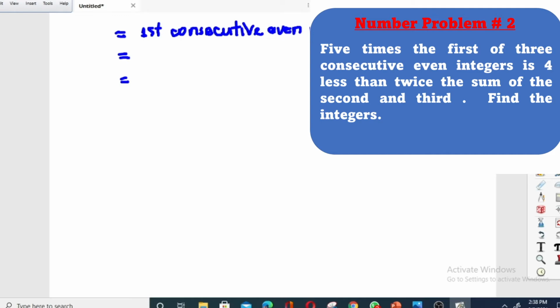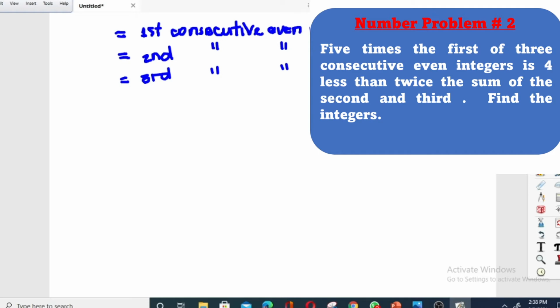We all know that even numbers start with 0, 2, 4, 6, 8, 10, and so on. So the first consecutive even integer, and then we have the second consecutive even integer, and then we have the third consecutive even integer.